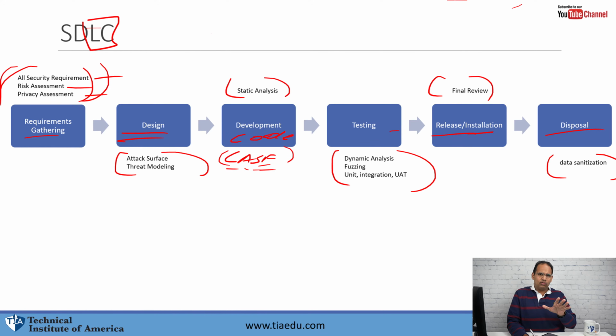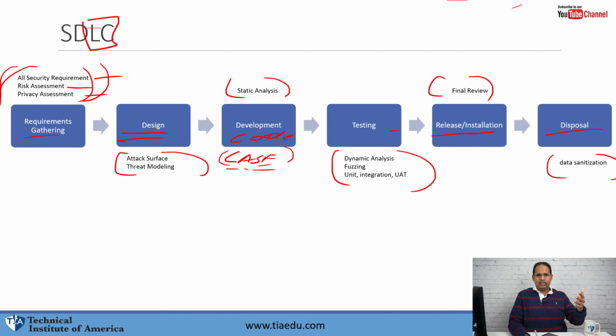CASE tools are what programmers use to write software, whether that's getting blocks of code and helping them write the code quicker, basically the ability to quote-unquote copy-paste code. CASE tools are just a series of tools that help software developers write code quicker and make code writing more efficient. So know that the term does exist.